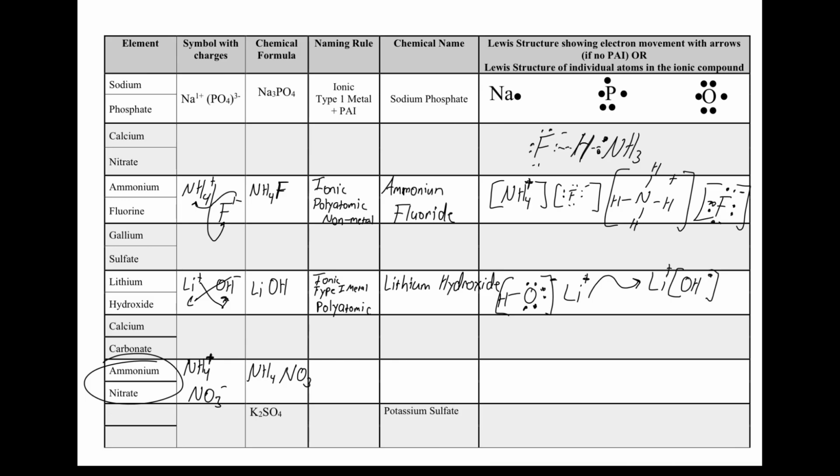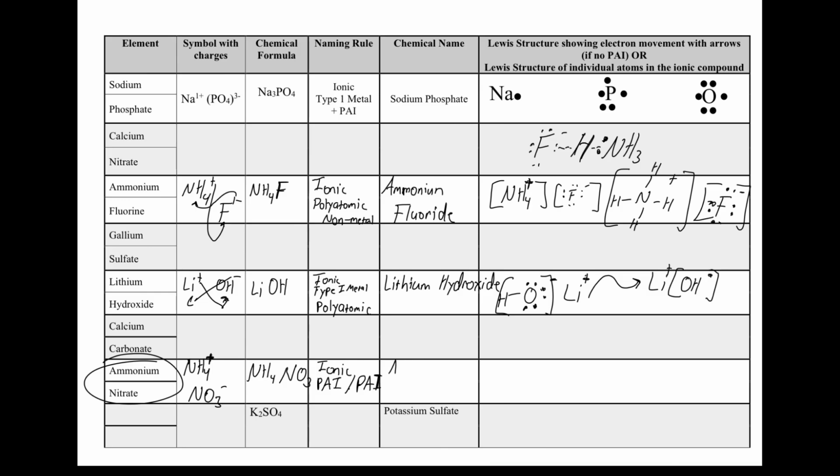The naming rule I'd have to follow here is that it is ionic, pretty clearly. We're always going to have ionic compounds for this worksheet. It will have a polyatomic ion bonded to a polyatomic ion. There we go. That's our naming rule that we should use.